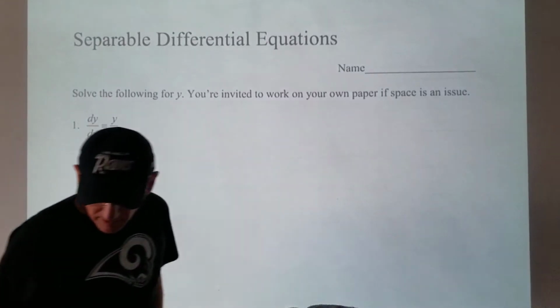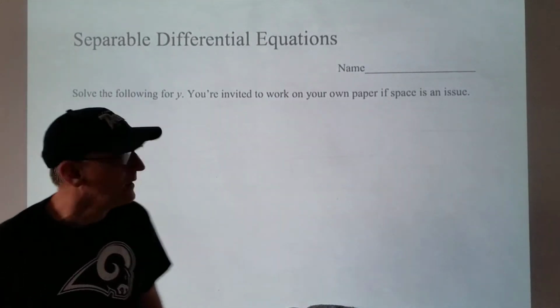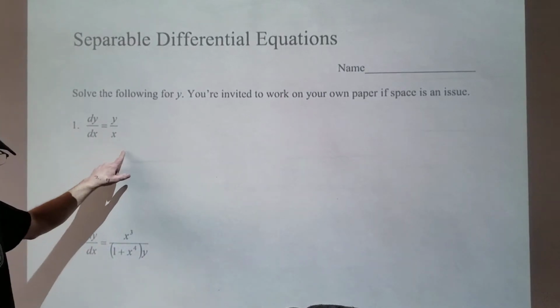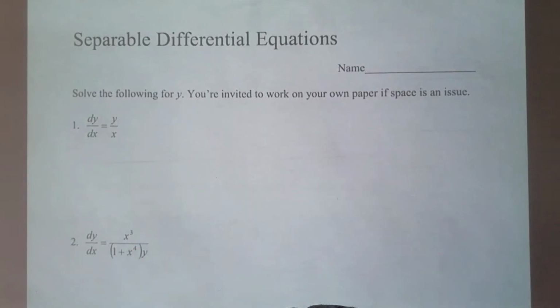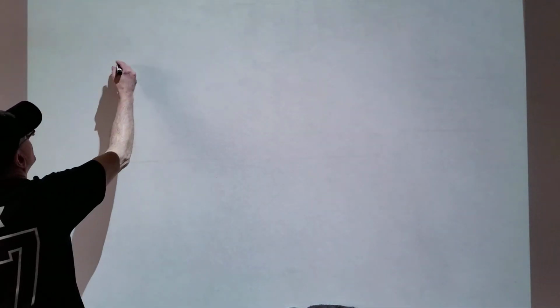Now I mentioned that sometimes this is very, very easy, such as in this first problem. It's really easy to solve that, and to separate it first, I should say. The problem says dy over dx equals y over x.